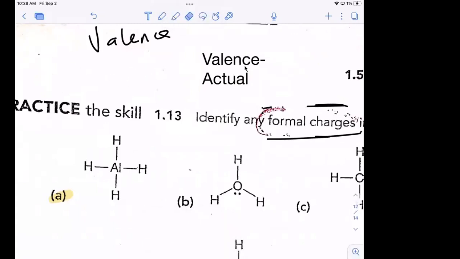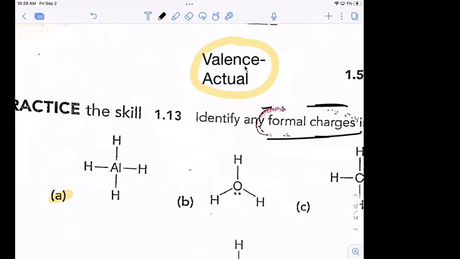All right, so let's look at A. We're going to do the formal charge for aluminum. Somebody tell me what the valence is for aluminum, based on where it is on the periodic table. Is it group 3, group 4, group 5, group 6, group 1, group 2? Group 3.